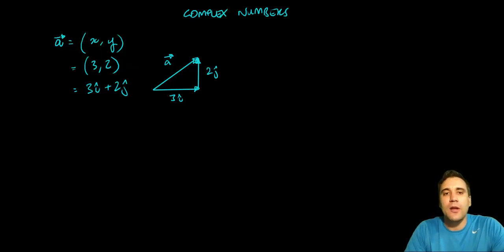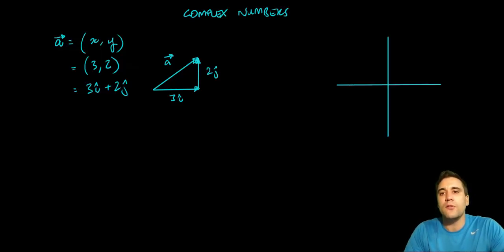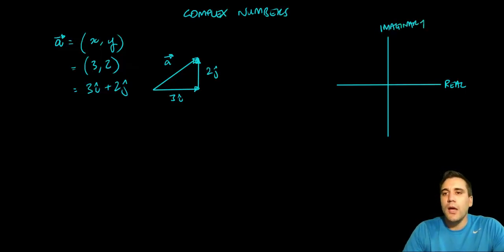So how does this relate to complex numbers, you ask? Well, in complex number theory, we are using a similar idea, drawing a set of axes like this, and we are going to have a real one and an imaginary one. Any complex number, why complex? Because it has multiple components, a real component and an imaginary component.